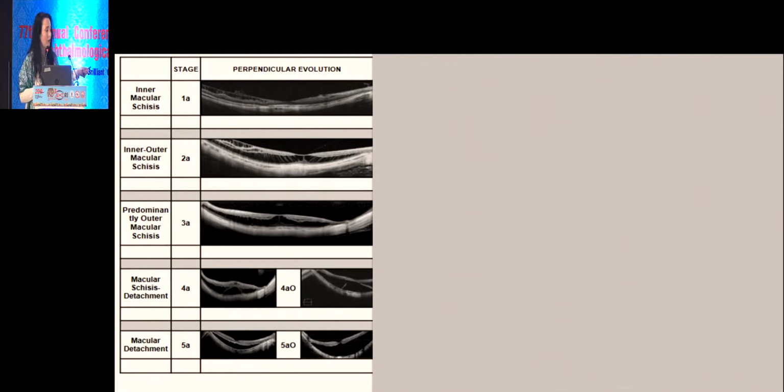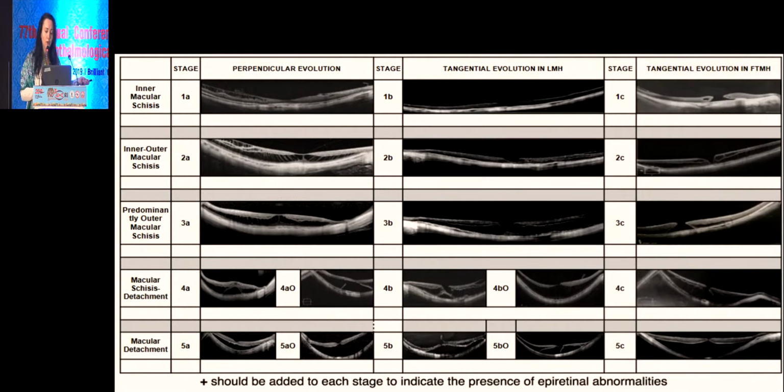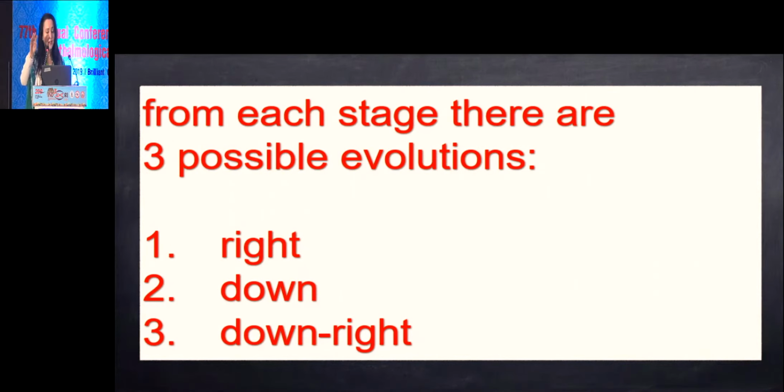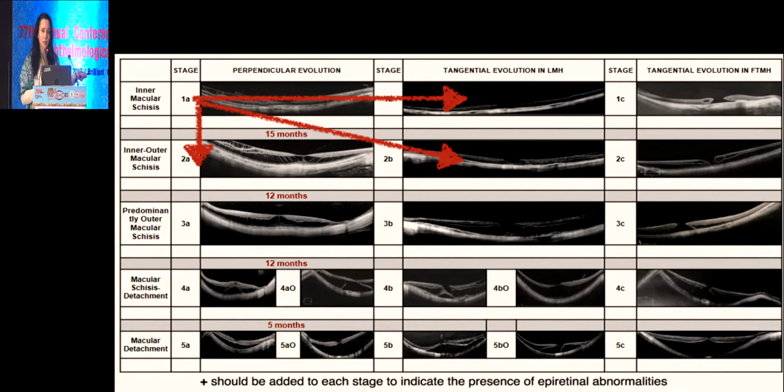All of them with the normal fovea, or with the lamellar macular hole, or with the full thickness macular hole. So this could be one table that summarizes all the types. Each of them can develop to the right, to the bottom, or down right, and not the opposite. So from one stage, you know to which stage your patient could go.